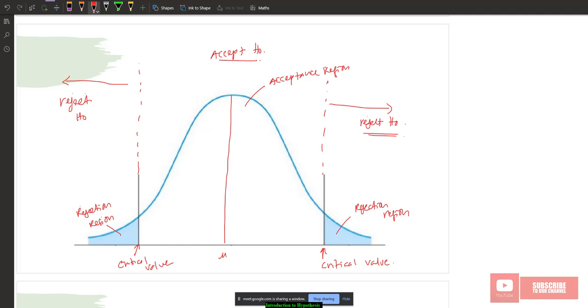This is the two-sided condition. The same concept applies for single-sided. We accept the null hypothesis if the test statistic lies in the acceptance region, and when it lies in the rejection region, we reject the null hypothesis. This is very simple.